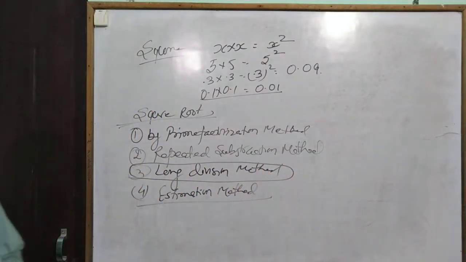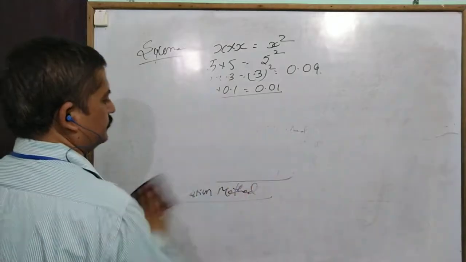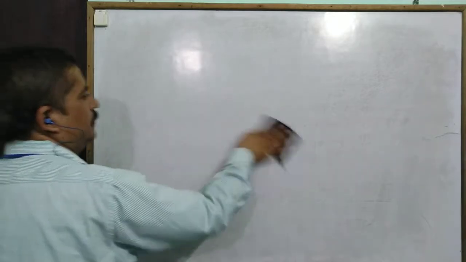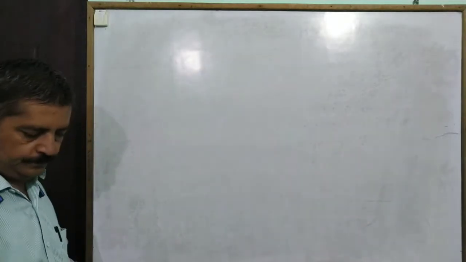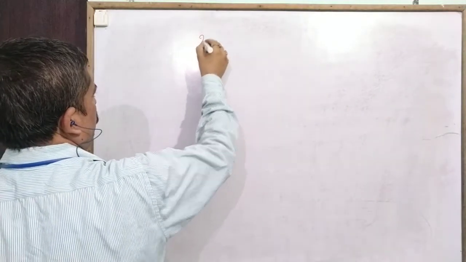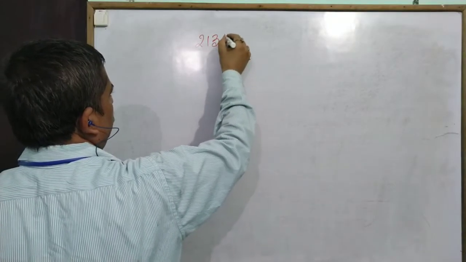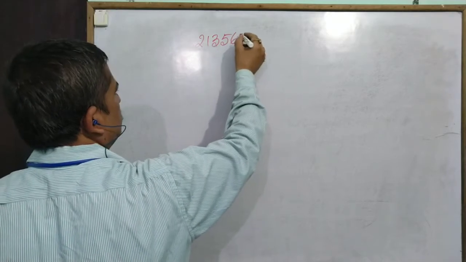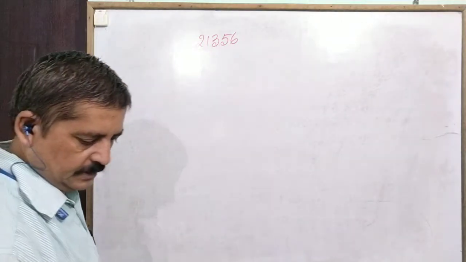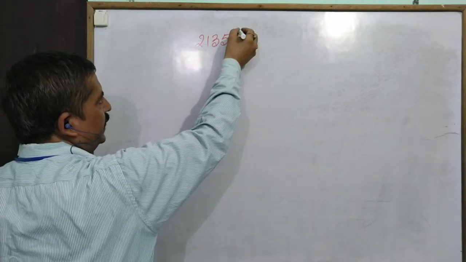So how to find the square root using the long division method? The question is, for example, 2, 1, 3, 5, 6. First of all, you pair the digits from the right side.